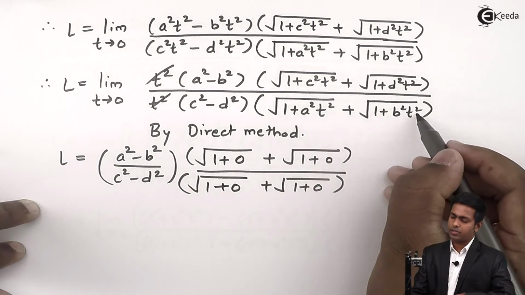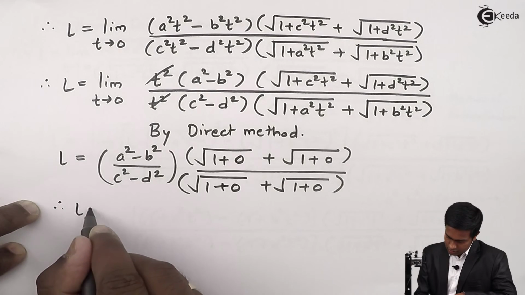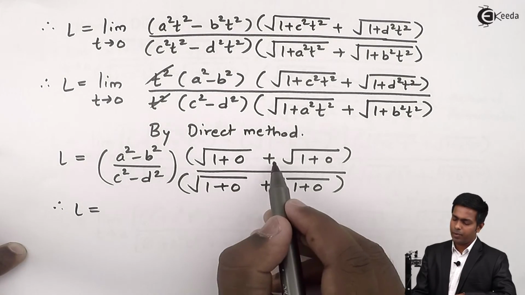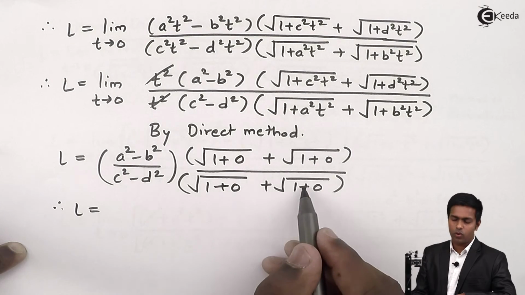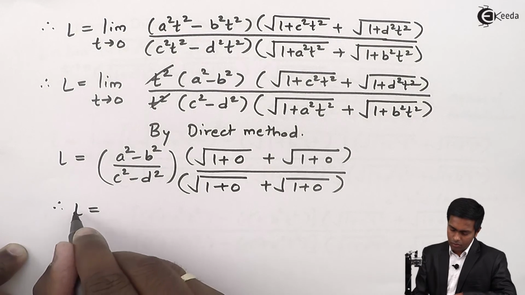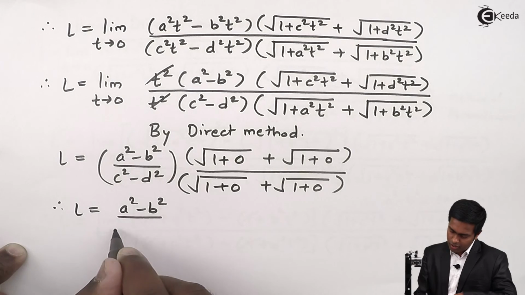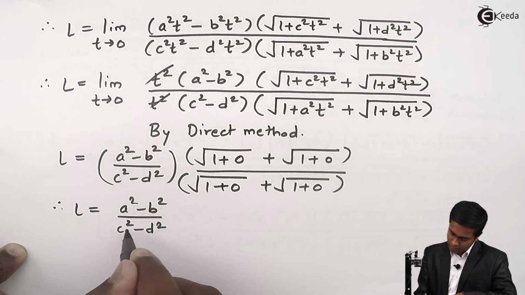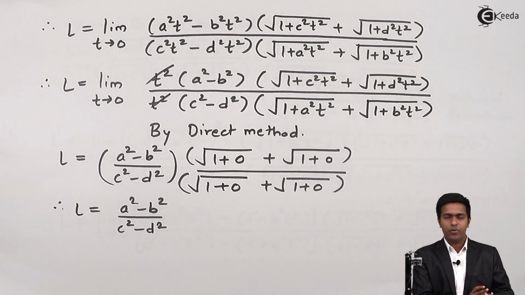So this t square term will become 0. Next this will become root of 1 plus root of 1, that is 2. Here also 1 plus 1 is 2, and we can cancel that 2, and therefore we'll get L as a square minus b square upon c square minus d square. So the value of the given limit is a square minus b square upon c square minus d square. Thank you.